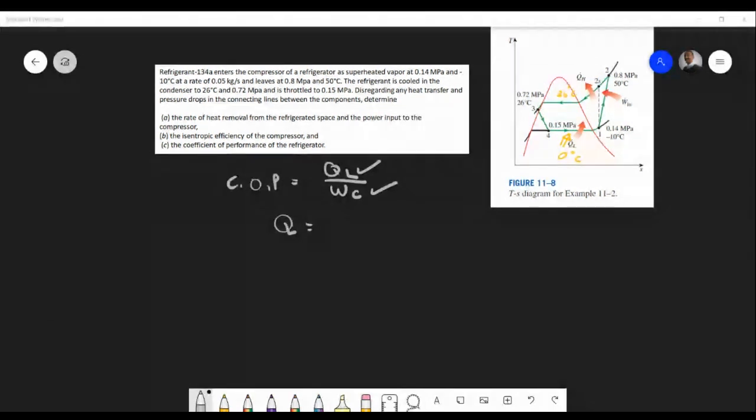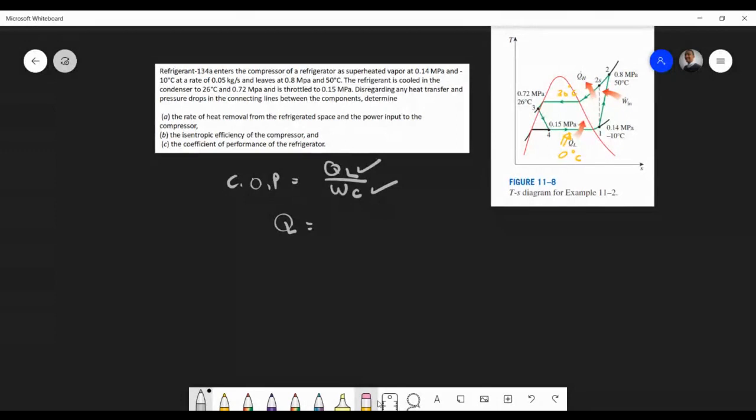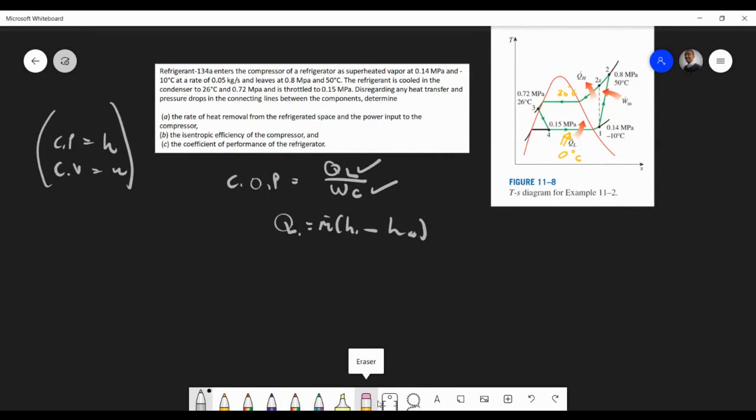Yeah, 4 and 1. So we normally say your mass flow times H1 minus H4. You might be asking why we're using enthalpy. Remember, these are constant pressure processes, and CPs are always tied with H's, and CVs are always tied with U's. It's all in keeping with the same principle.